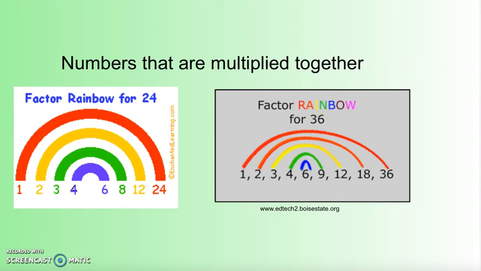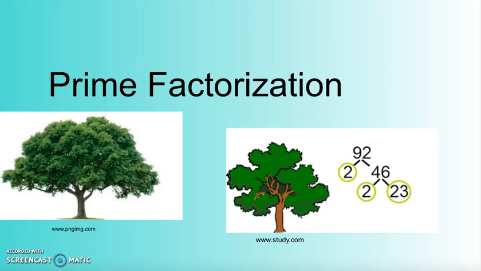And then here are the factors of 36. Now, speaking of factors, we also looked at prime factorization. And so just to clue you in, factor trees, do you remember those? And what definition would you give prime factorization? And the key word is prime. And then within factorization, there's the word factor.